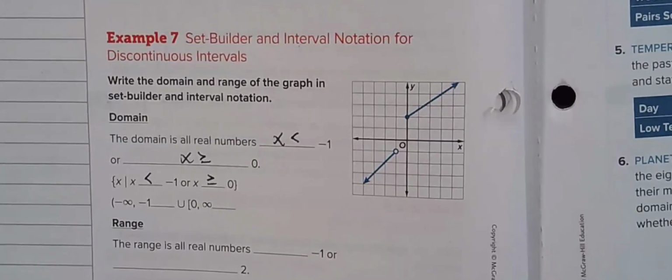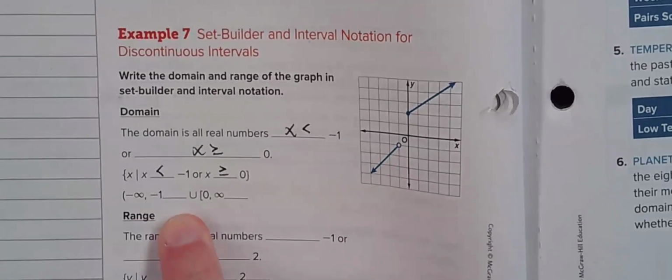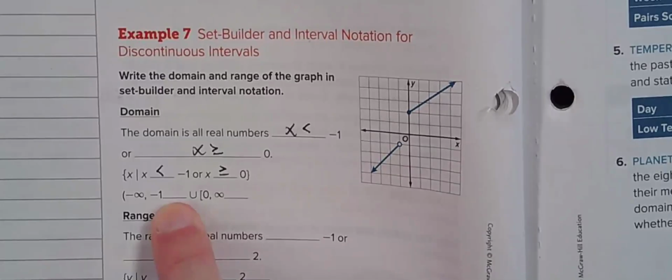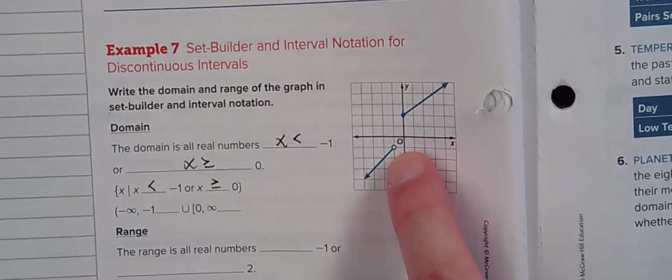However, with interval notation, we write two sets of parentheses or a combination of parentheses and brackets or whatever it is. So from -infinity to -1, is that going to be a parenthesis or a bracket here? With the -1 parenthesis, yeah, because it's an open circle, so we are not including it.